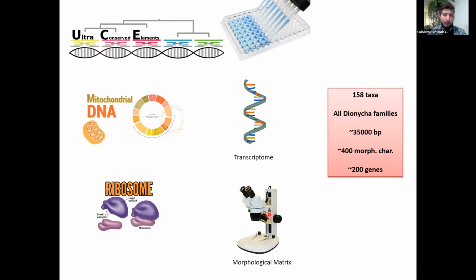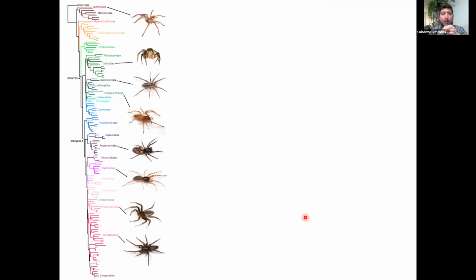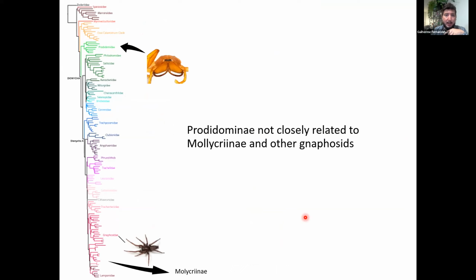We used the morphology matrix of Martin Ramirez, including more taxa, and we analyzed it in several ways, with all the matrices separate and together in different approaches. And that's the conclusion of the relationships.